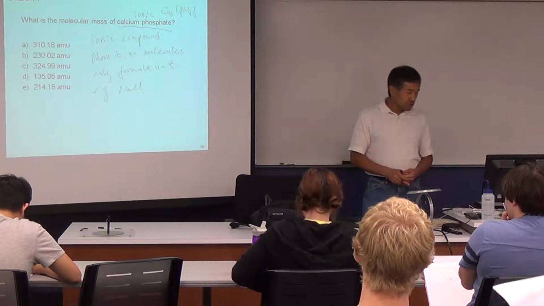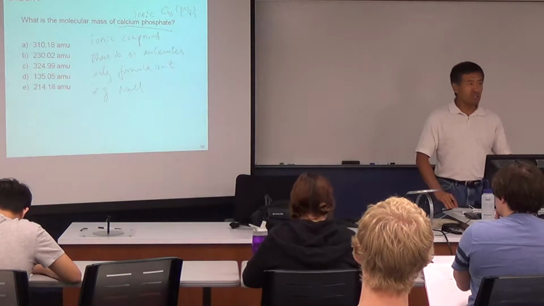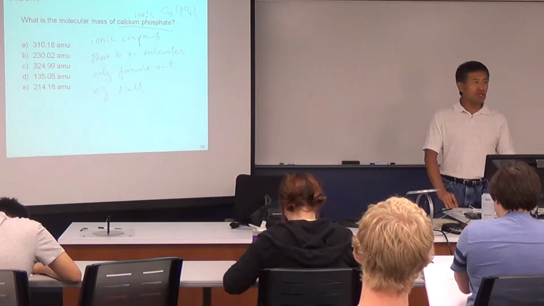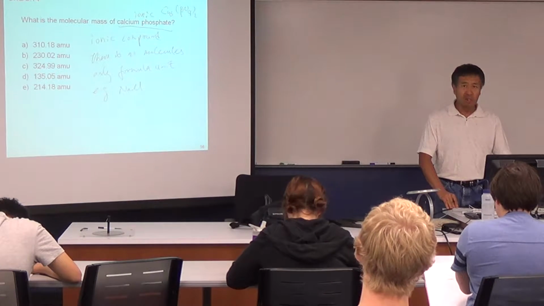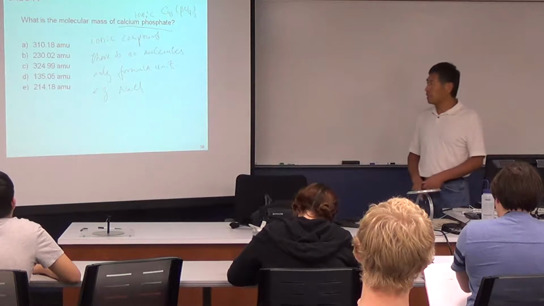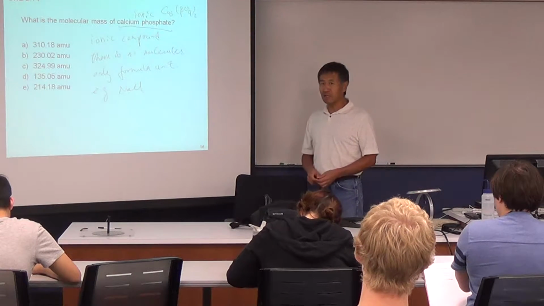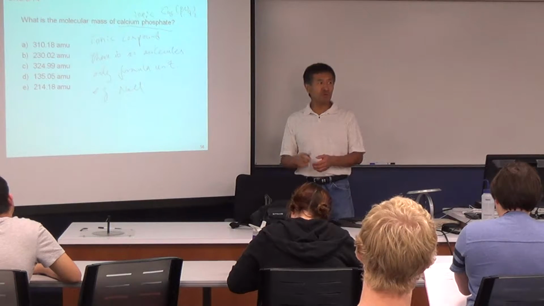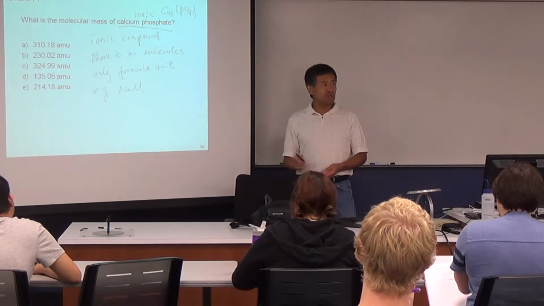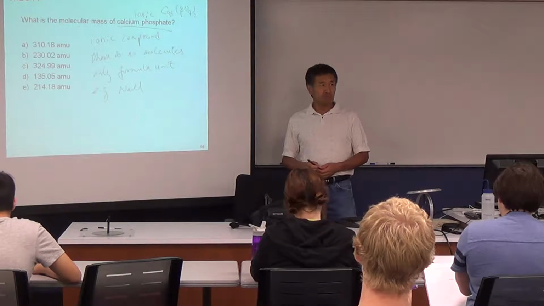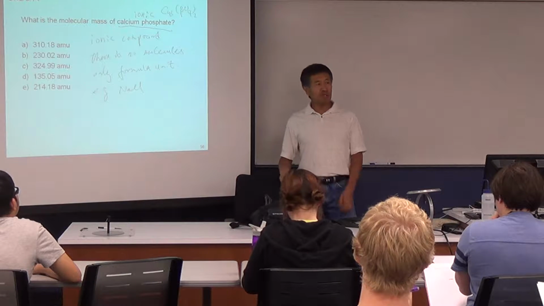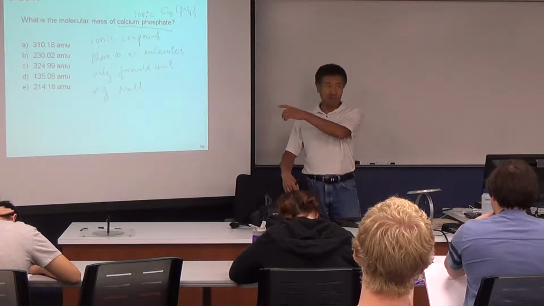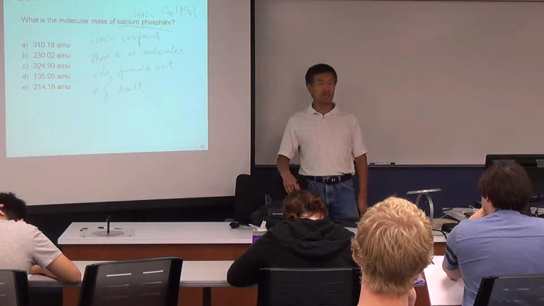For one formula unit or molecule, the mass is very small, so the convenient unit is AMU. And you can see in this CRE, all those answers are in AMU, because it's referring to one of these formula units. You can use other units, like grams, but then your number will be different from those numbers.